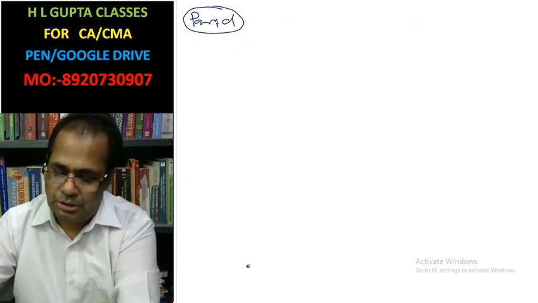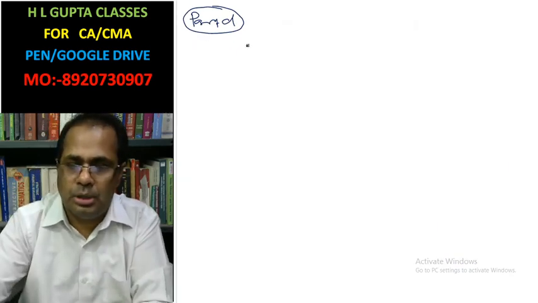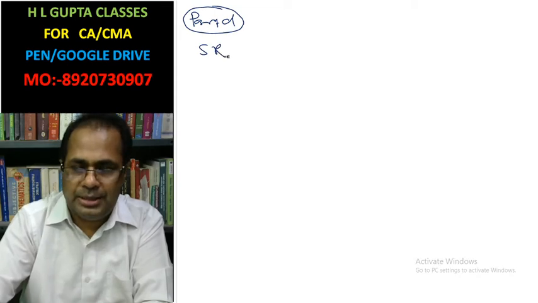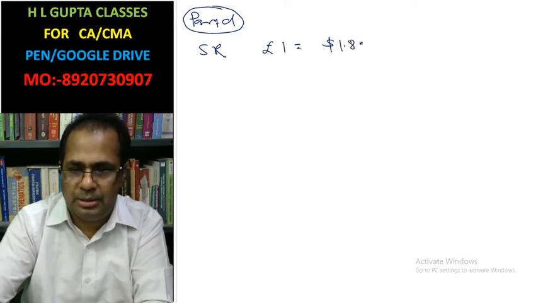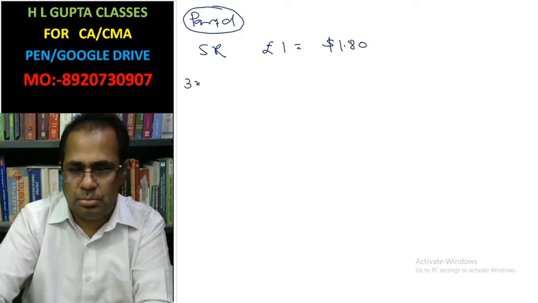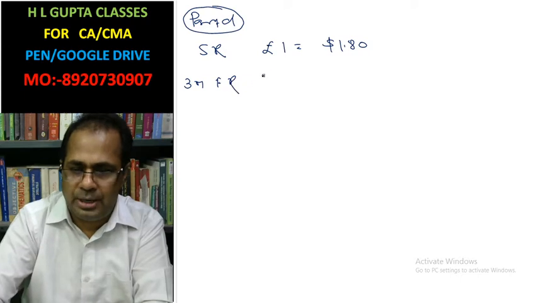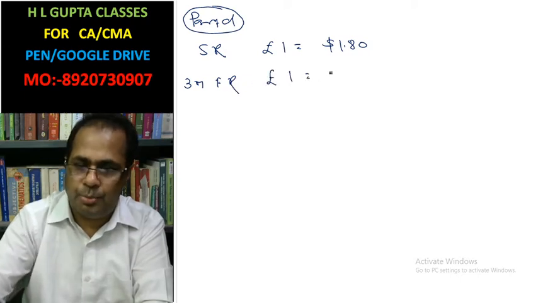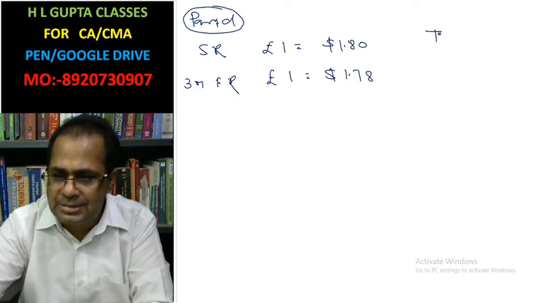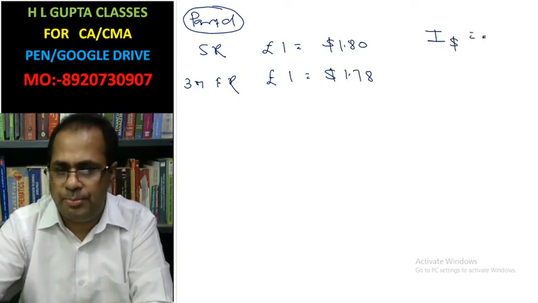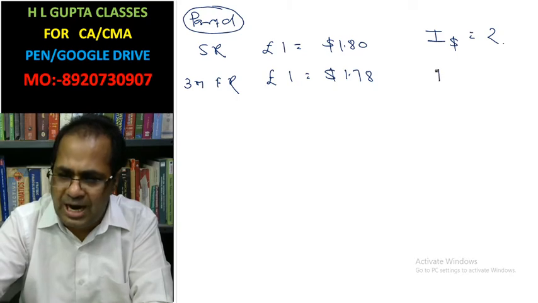In the given question, the spot rate is the same, pound 1 equal to dollar 1.80. The 3-month forward rate is the same, 1.78. The interest rate of dollar is also the same. Now it is asking what should be the pound interest rate.